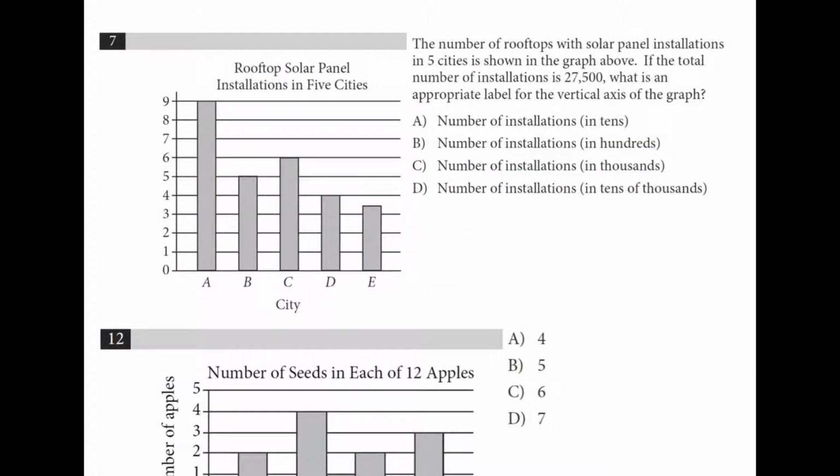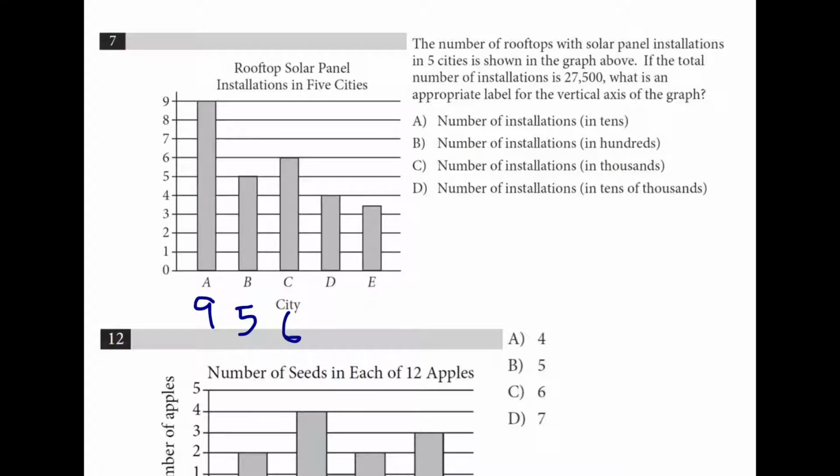Number 7. The number of rooftops with solar panel installations in 5 cities is shown in the graph above. If the total number of installations is 27,500, what is an appropriate label for the vertical axis of the graph? To identify total installations, we can count up the value for each bar. In City A, for example, there were 9 installations. For B, 5 according to this y-axis.